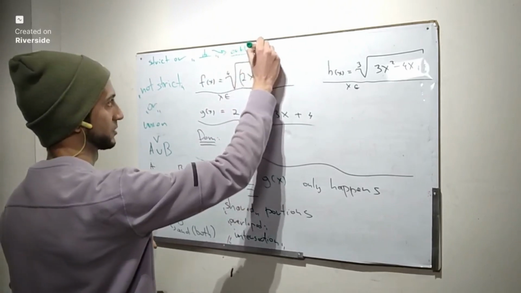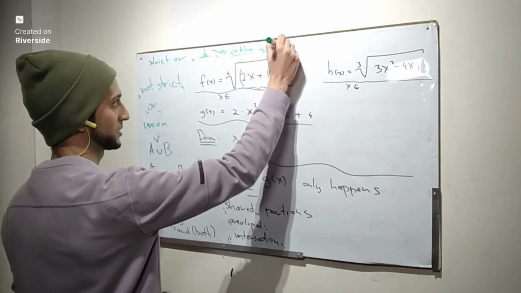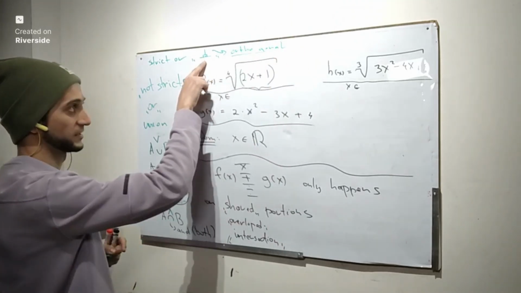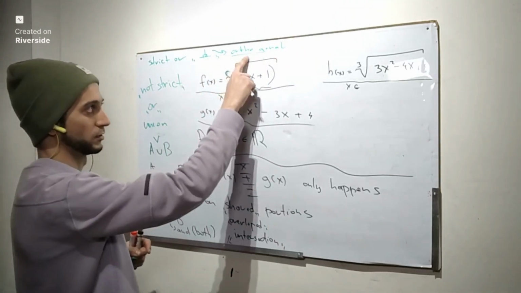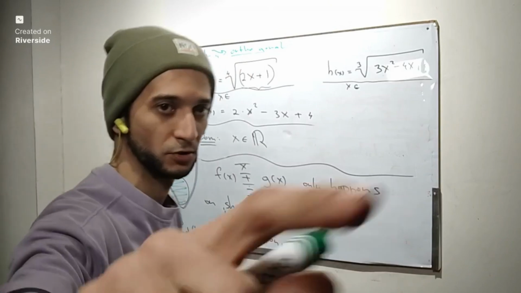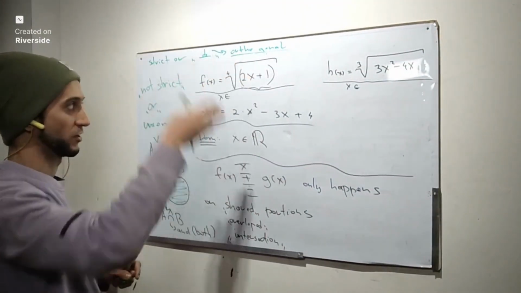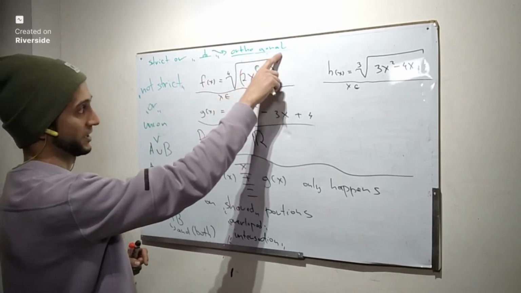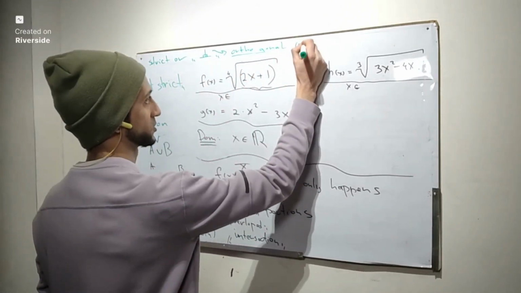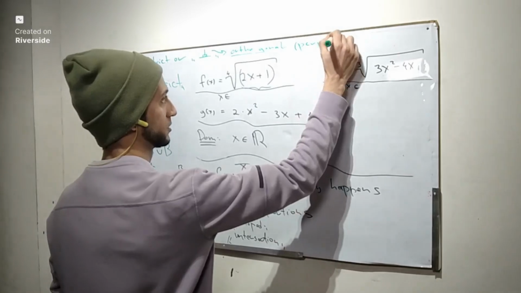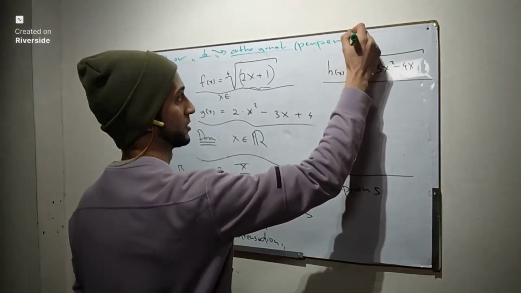Ortho means right. Gonal means sided. Orthogonal, right-sided. When you try to make your teeth right, the word also starts with ortho. Ortho means right. Right-sided means, in other words, perpendicular in more English, more Latin. This is Greek. Perpendicular.